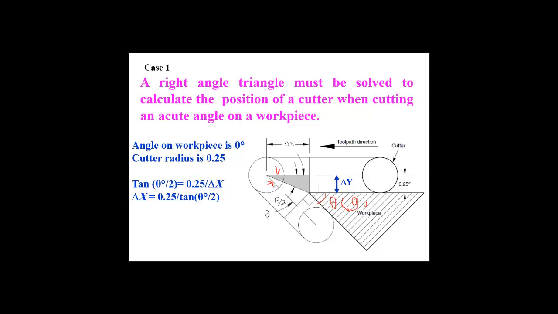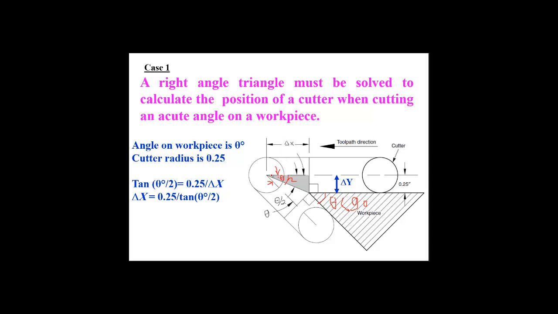Since these two triangles are equivalent, that angle will be half of theta, theta divided by 2. In this shadow triangle, we know one angle and one side. We need to know the second side, which is dx. So dx is that side.